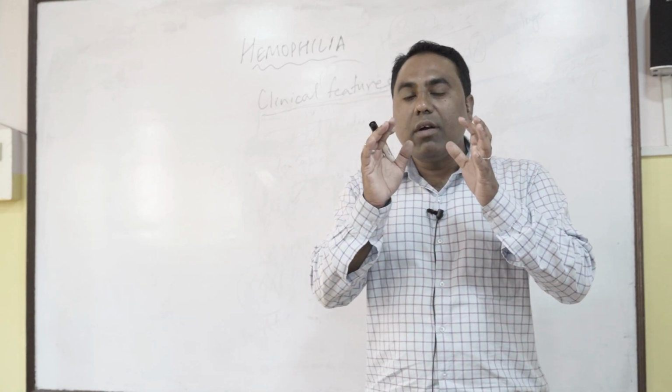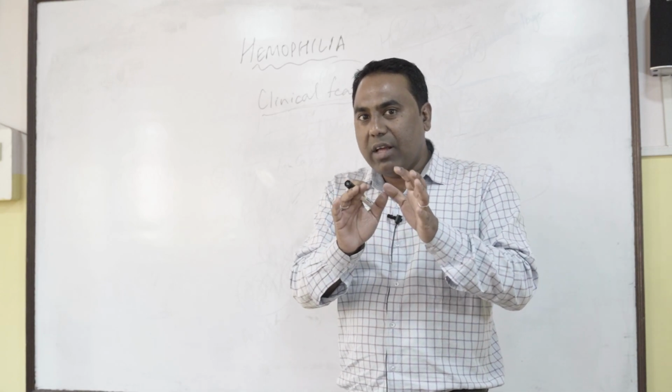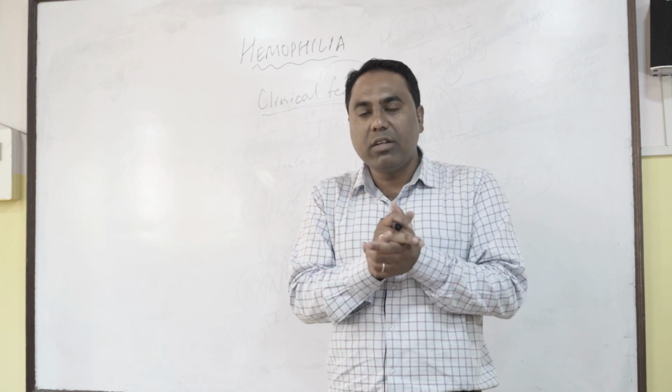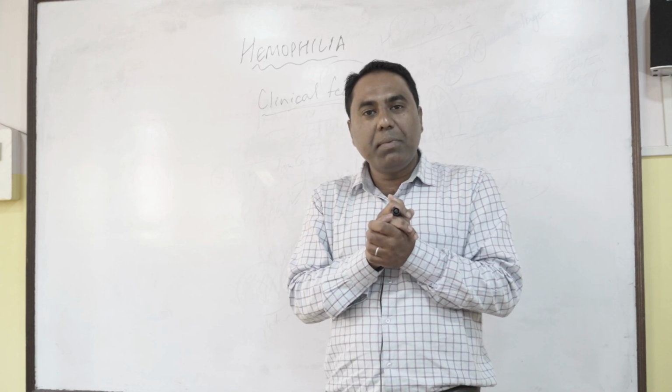So when we talk about diagnosis, I think I've talked about the clinical features, what are the different types of complications, what are the different types of problems a hemophilic patient may face.